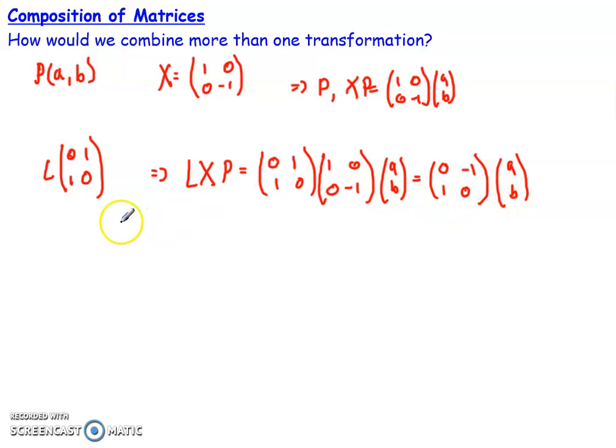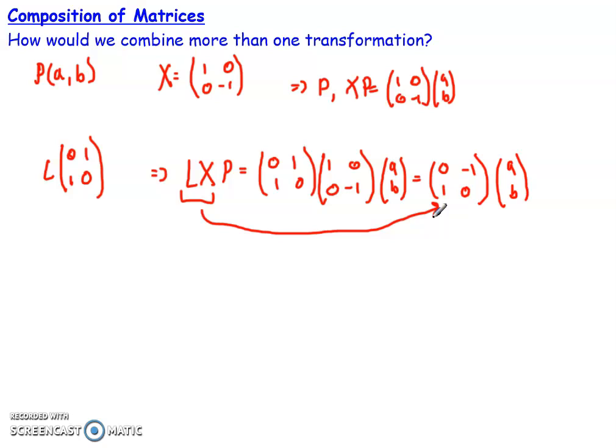So this means that my composite matrix LX, which is the two transformation matrices composed together, is associated with this matrix here. So what we do is we obtain a matrix for the composite transformation by multiplying the two of them together, and then we enact that transformation upon our original point.